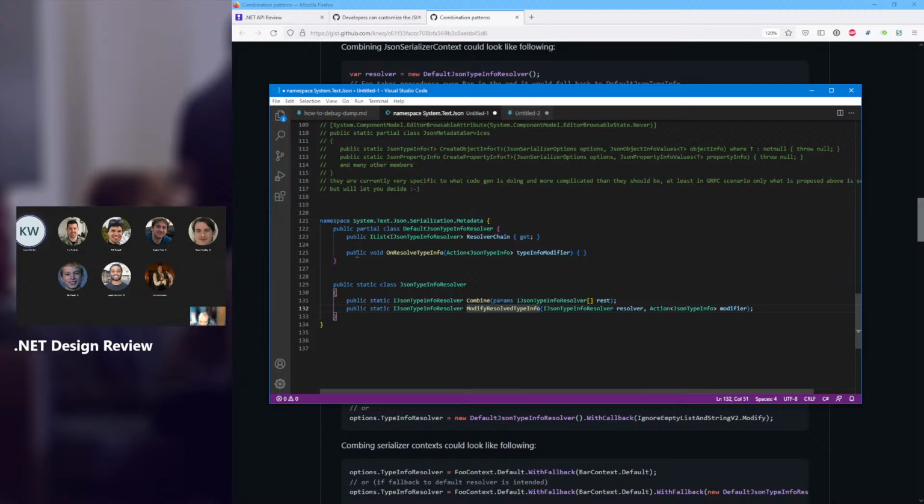I would also suggest making the second parameter a params array of modifiers, because people might want to add more than one. And if we're returning the copy always, because that's technically what we should be doing, we shouldn't be modifying it, even if it's an internal instance, I guess.